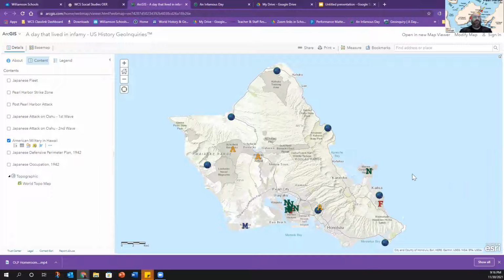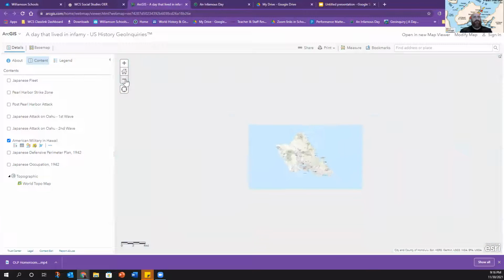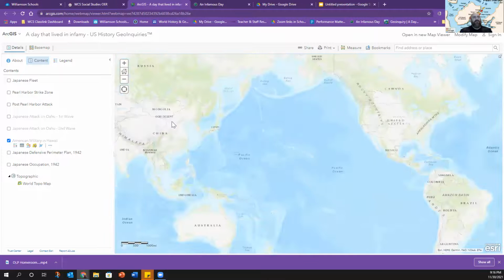So if you're going to attack Pearl Harbor, let's go out again. So here's Japan, right? If you're coming into Pearl Harbor, the expectation would really be, in my mind, northwest, right? It's coming from the northwest.